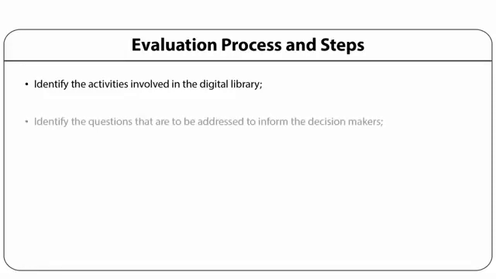There are certain steps to be followed in the evaluation process. Number 1, identify the activities involved in evaluation of a digital library. Number 2, identify the questions that are to be addressed and the results that will be conveyed to the decision makers.